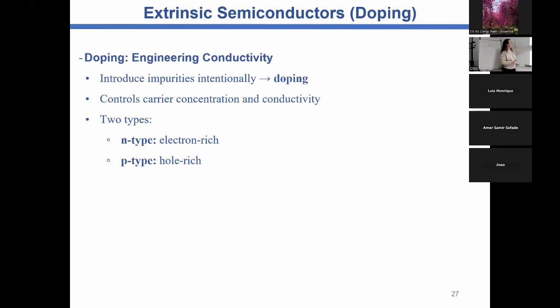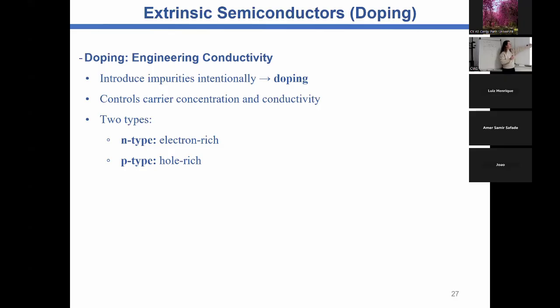We can distinguish two kinds of doping: N type doping and P type doping.